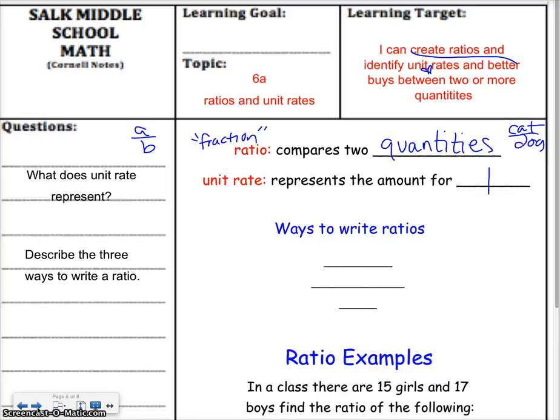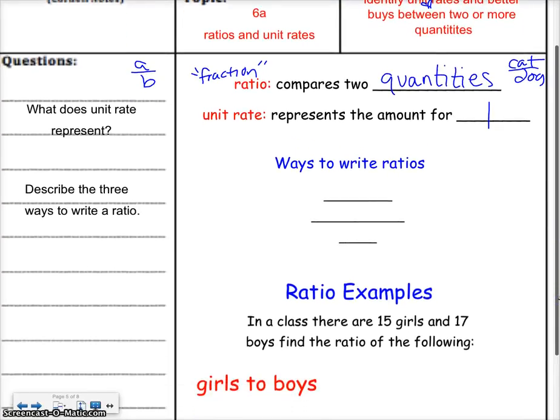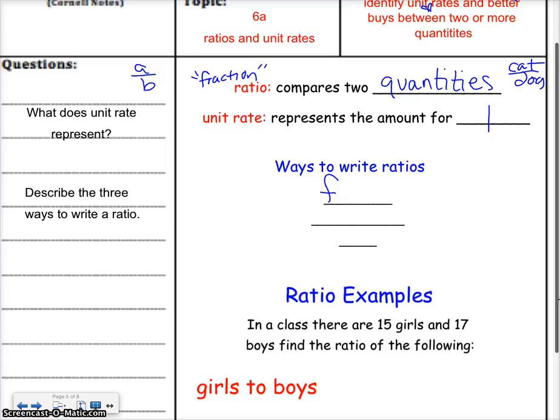There are 3 ways to write ratios. The first and most popular way is a fraction. The second way to write it is with the colon.